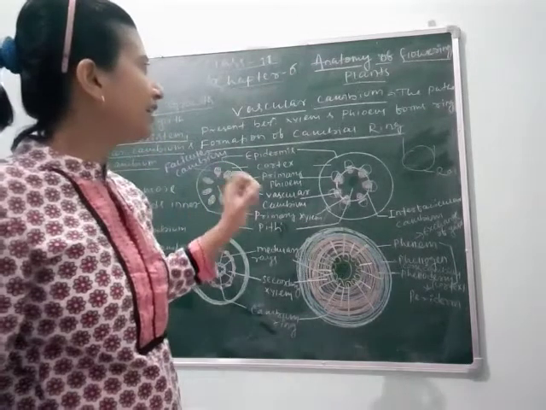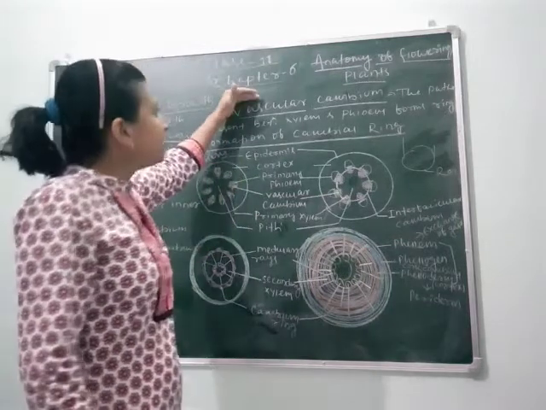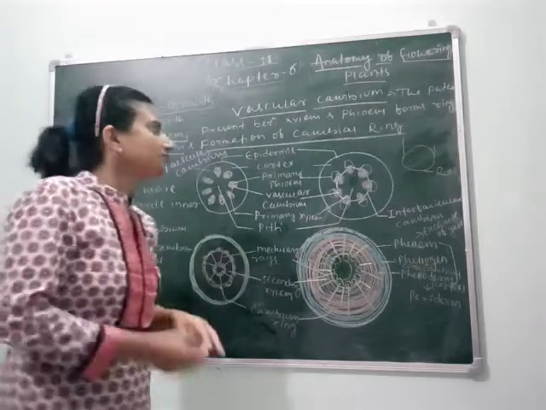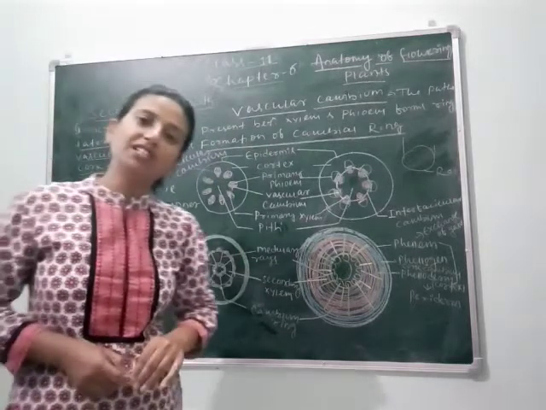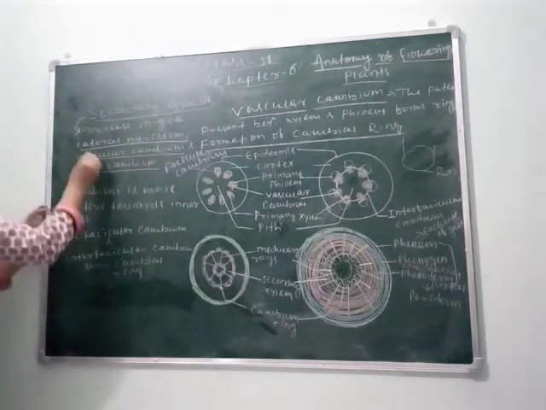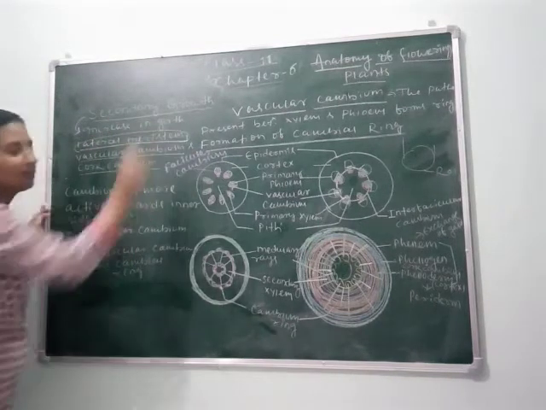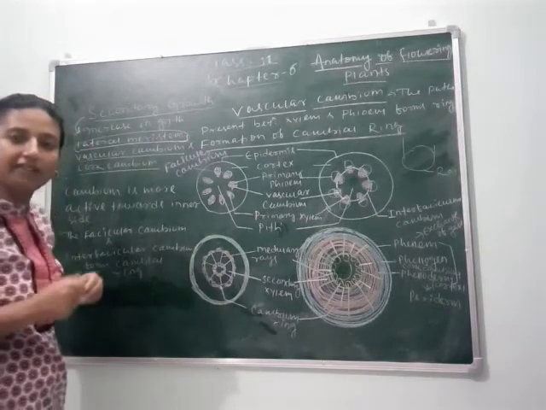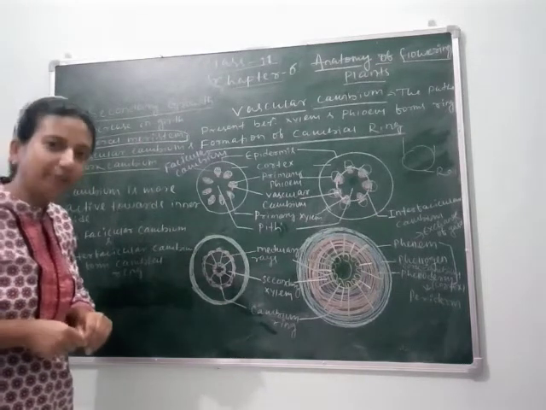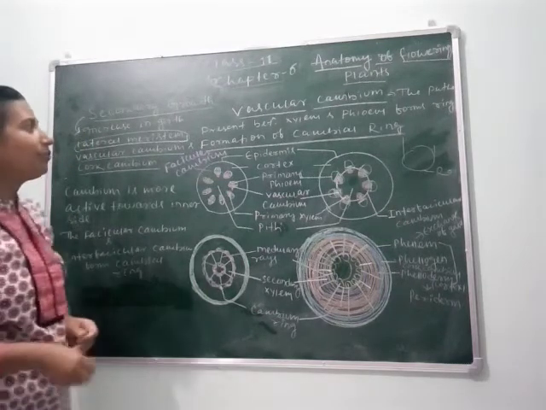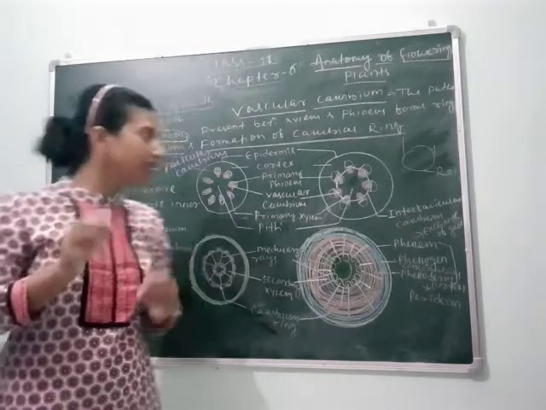How does vascular cambium form? The patches present between xylem and phloem form a ring which is called vascular cambium. Here I have written lateral meristem. You already know what lateral meristem is: the meristematic activity when it occurs laterally in a plant. Then vascular cambium means the patches present between xylem and phloem.